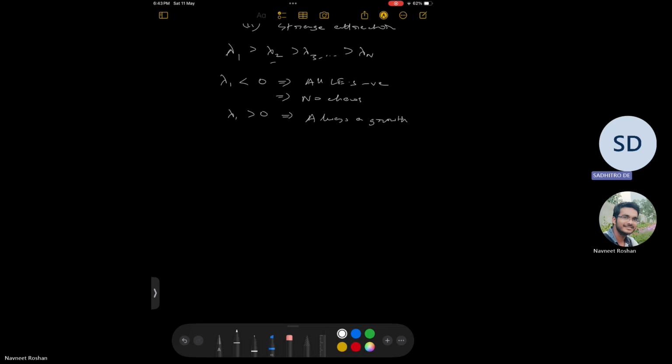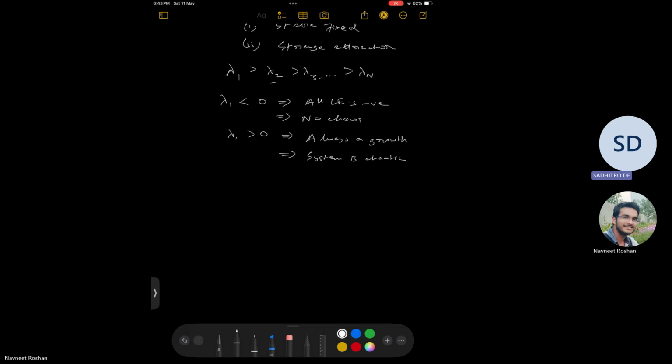That is what lambda 1 greater than 0 implies. This means that the system is chaotic. There is sensitive dependence on initial conditions. No matter how close two initial conditions are, because lambda 1 is greater than 0, that infinitesimal perturbation will always grow with time.